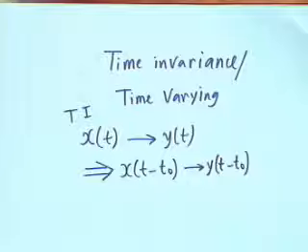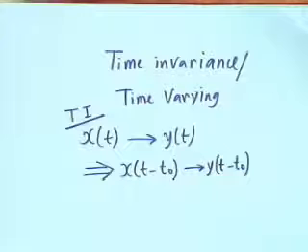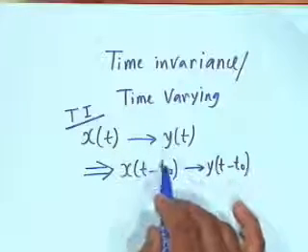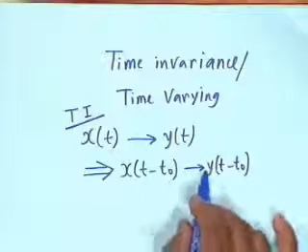All right? This is the test for time invariance. A system S is said to be time invariant if x of t leads to y of t implies that if the input is delayed, the output is delayed by the same amount.